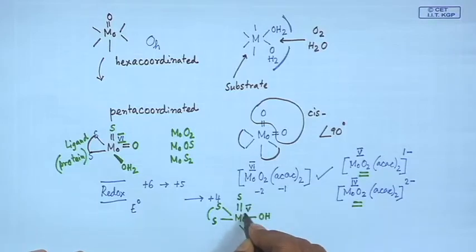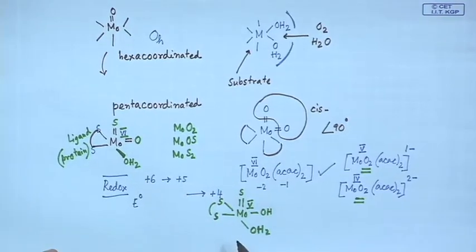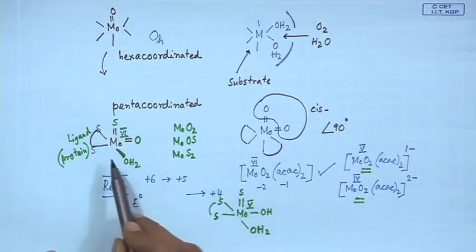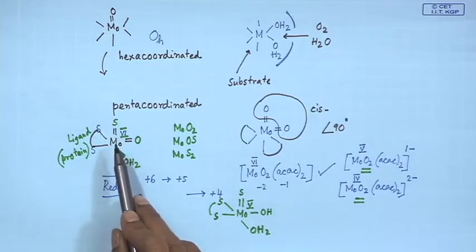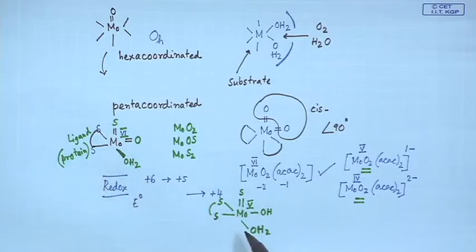So, you have the corresponding stabilization in the +5 oxidation state. So, this is the most preferred arrangement for the groups around a center which is molybdenum in +5, and this was the corresponding arrangement in the +6 oxidation state. So, we should remember the corresponding differences in these two things.